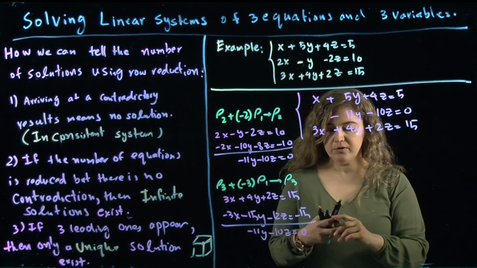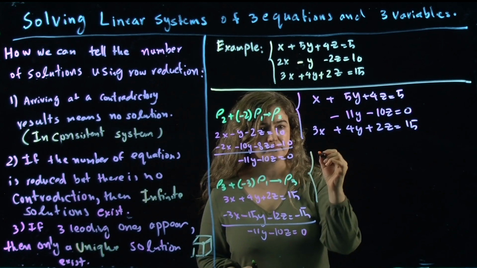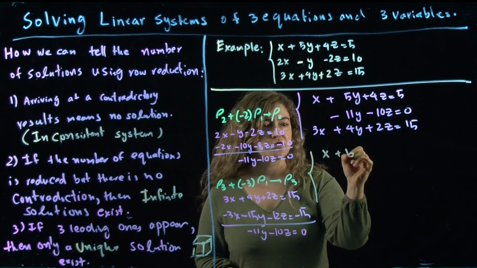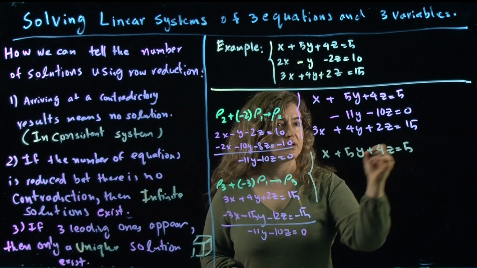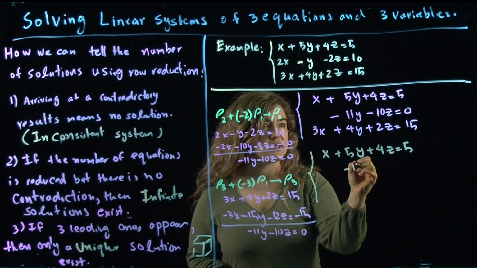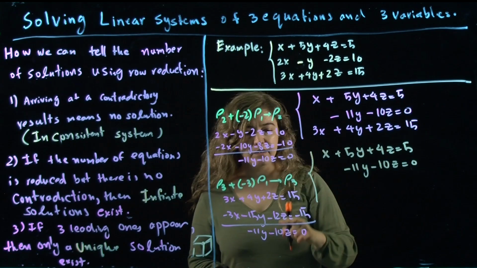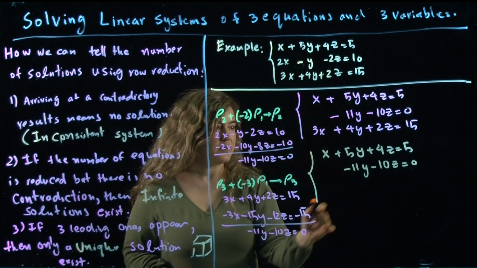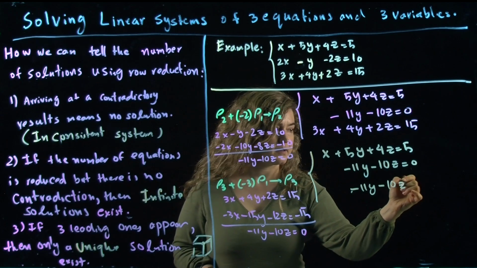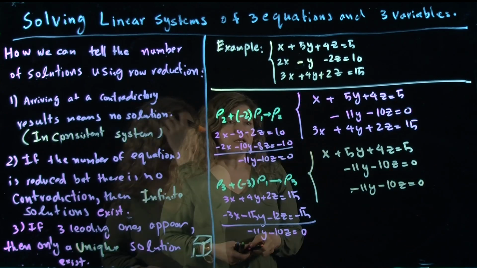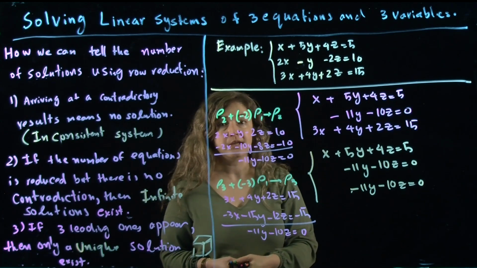So the new equation is: the first row stays the same, the second row stays the same, and the third row is going to be changed.